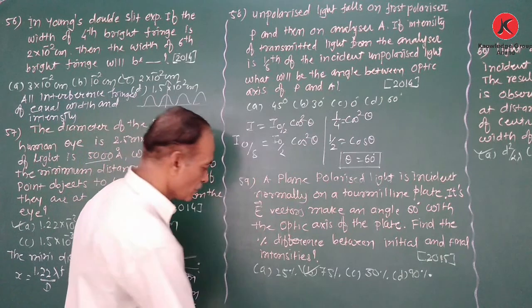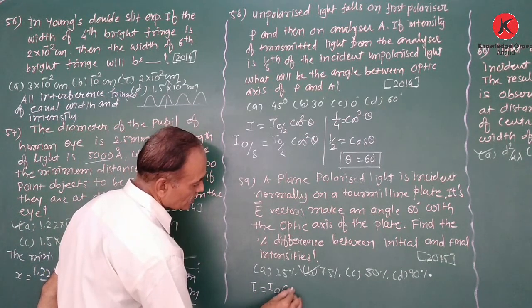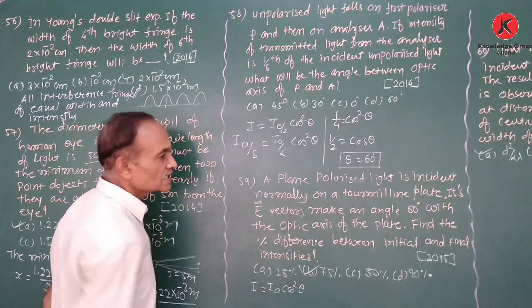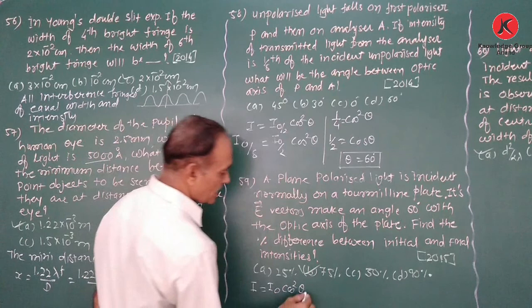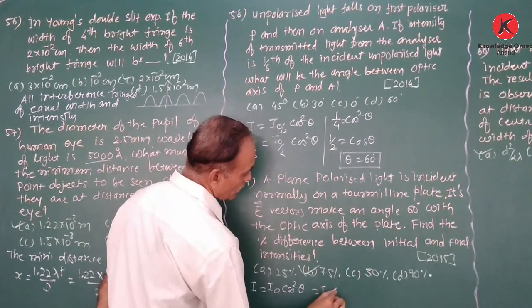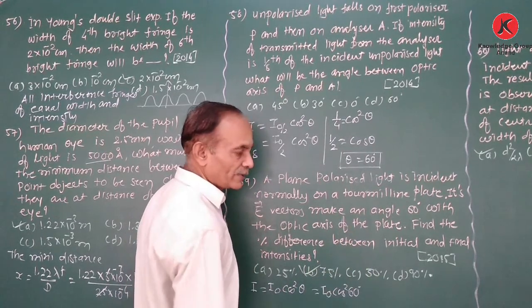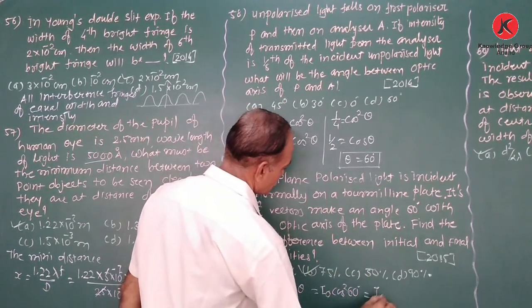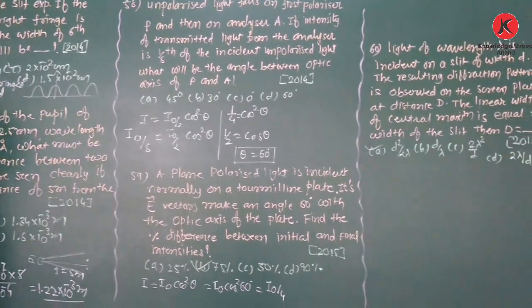So from Malus law, I is equal to I0 cos square theta. Theta is equal to 60. Therefore, I0 cos square 60. Cos 60 is 1/2, square of this. Therefore, I is equal to I0 by 4.